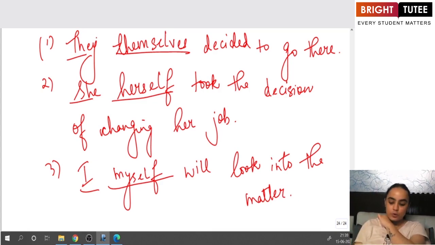Here, it is used along with the subject in order to give emphasis on something, in order to lay stress on something which is very important. So, when you have to give emphasis on something, we use the emphatic pronoun. An emphatic pronoun is used immediately after the subject and not after the verb.